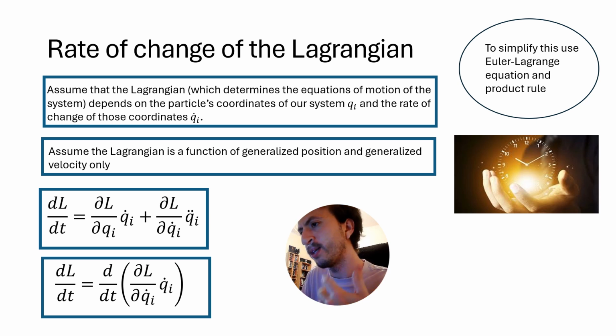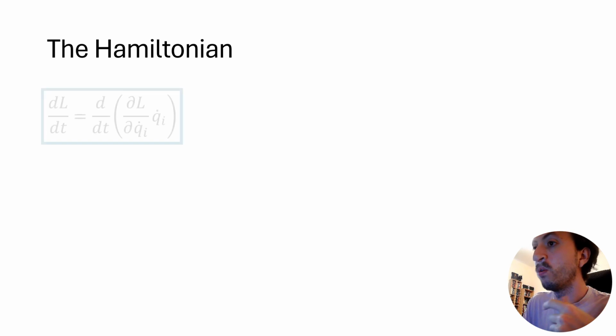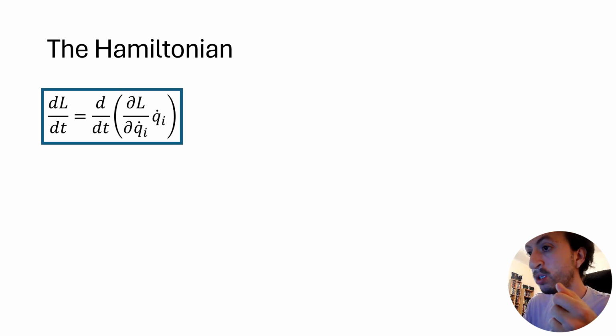So this bit in brackets is very crucial to the motion of a particle, and in the next slide we investigate what this bit in brackets really is, and that will lead us on to the idea of the Hamiltonian and conjugate momentum. As we mentioned before, the time derivative of the Lagrangian is in terms of this expression, which involves this slightly magical quantity in brackets, and we're going to investigate what this magical quantity is in this slide.